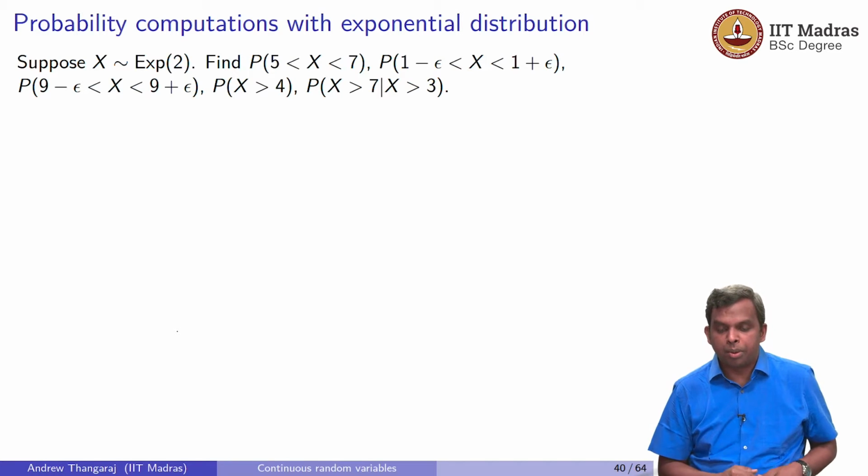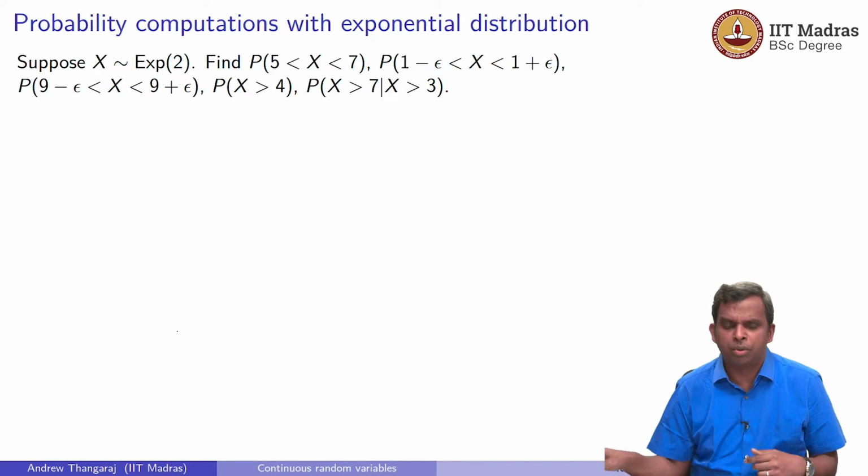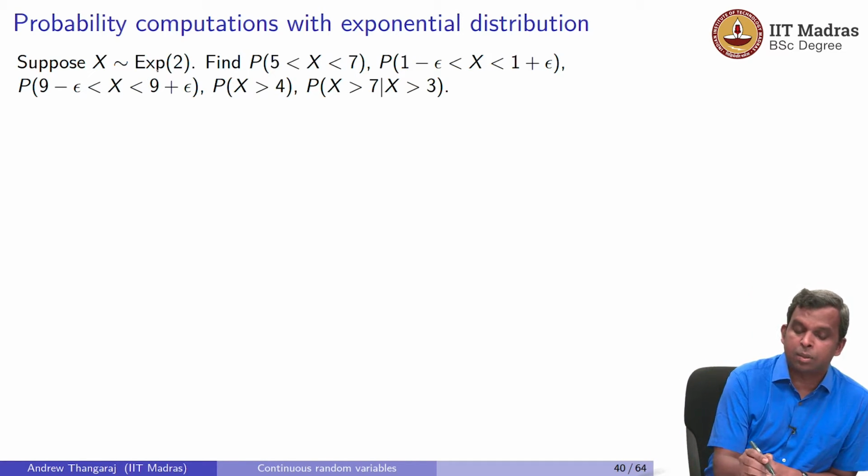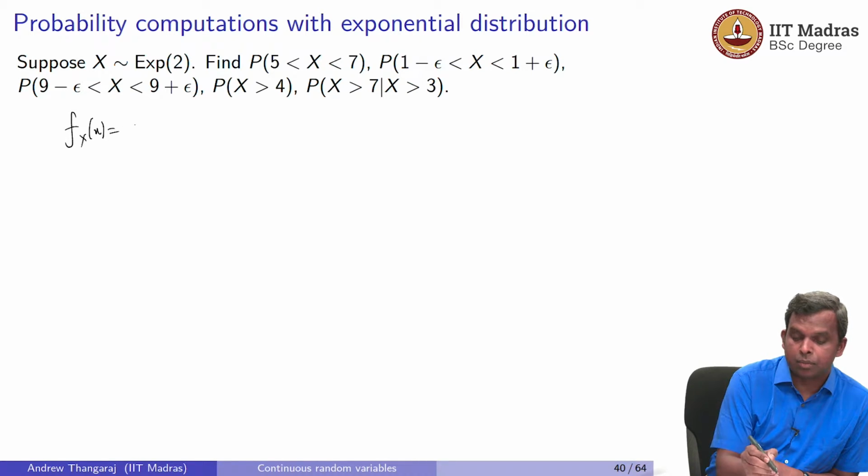Let's do a few probability computations here. It's very similar to before. So this X is exponential with parameter 2. The PDF of X is 2 e power minus 2x for x greater than 0, and 0 for x less than or equal to 0.